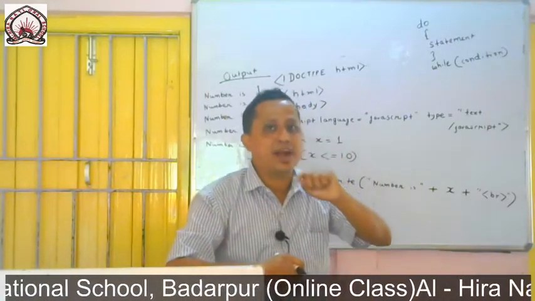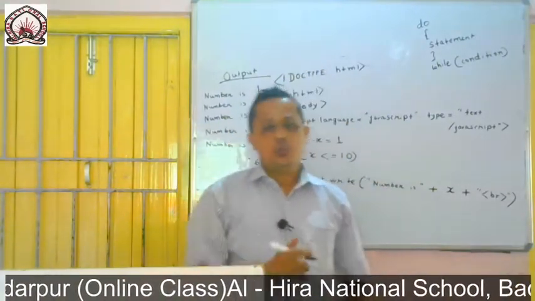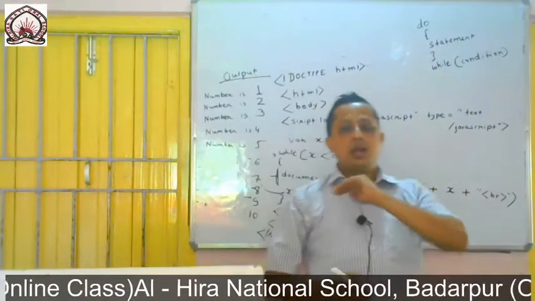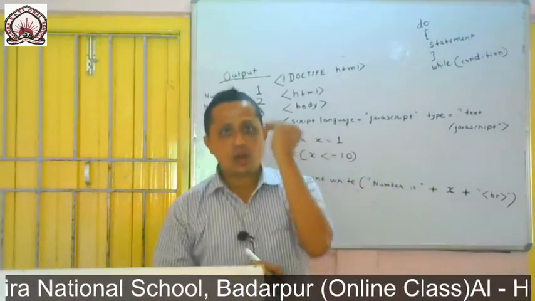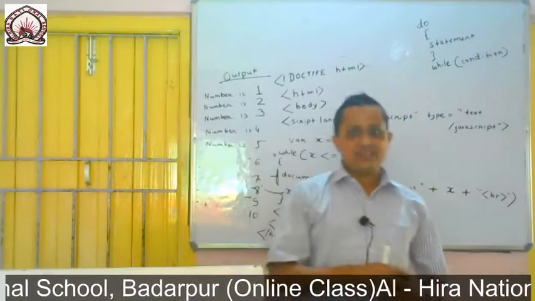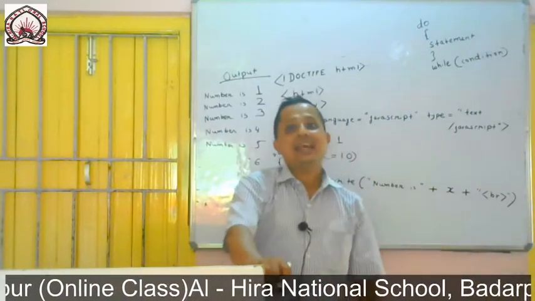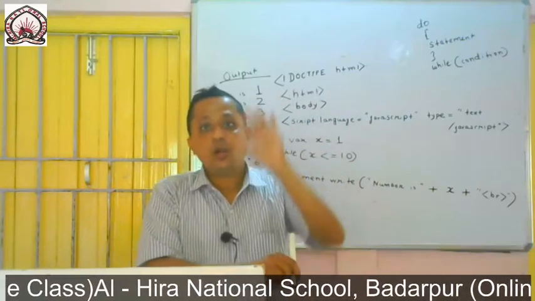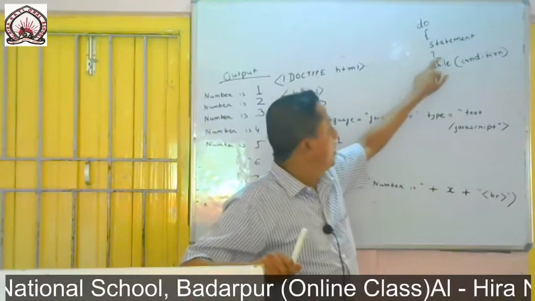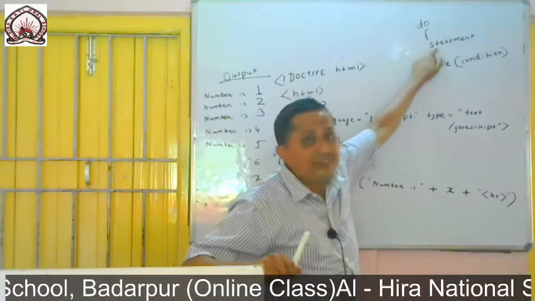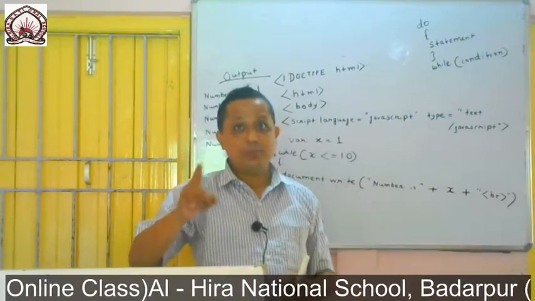Entry control means when the condition is before the statement, it is known as an entry control loop, and if the condition is after the statement, it is known as an exit control loop. See here, in the do while loop my condition is after the statement, so is it entry or exit? It will be exit.